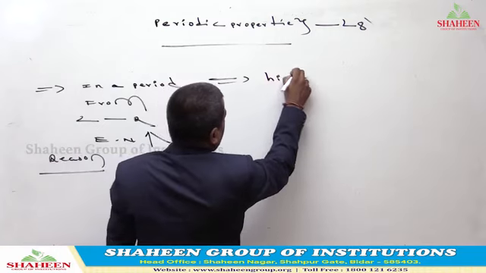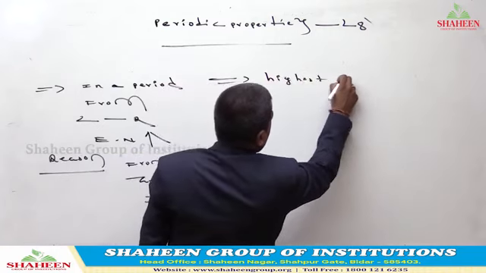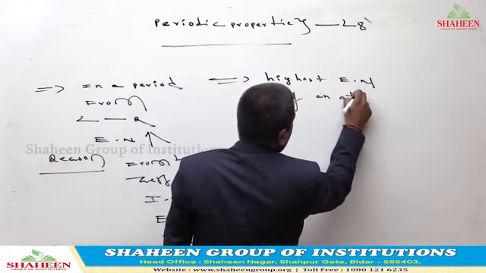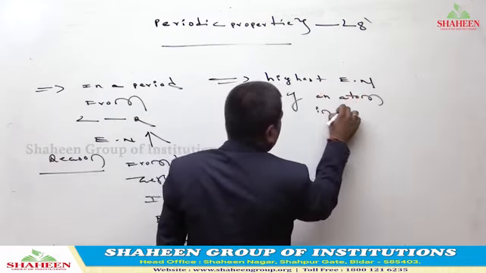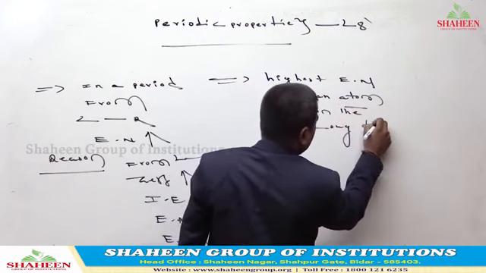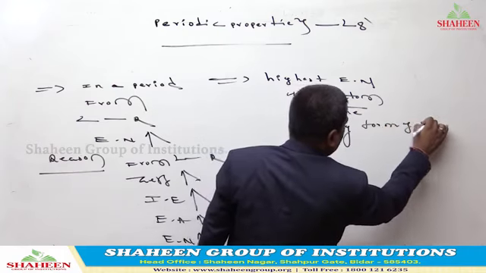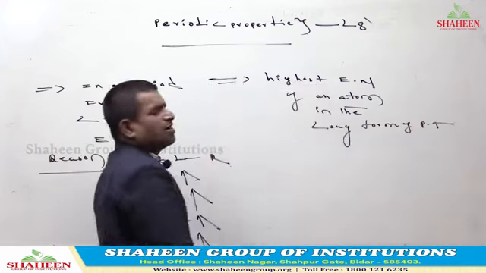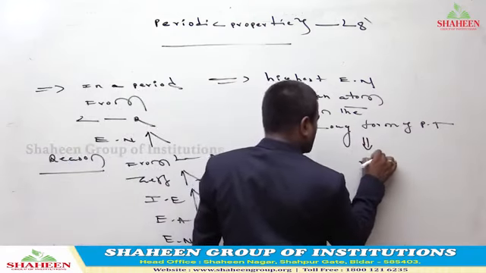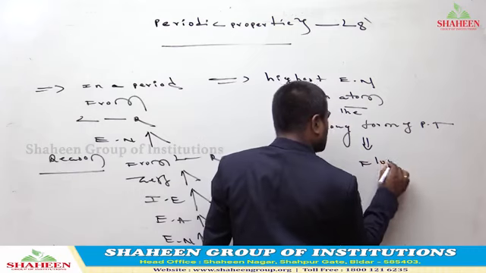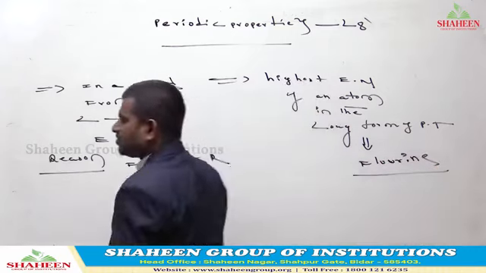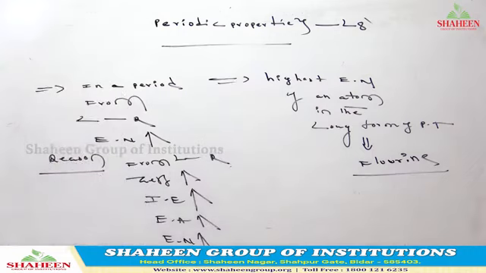Highest electronegativity of an atom in the long form of periodic table, that is fluorine.